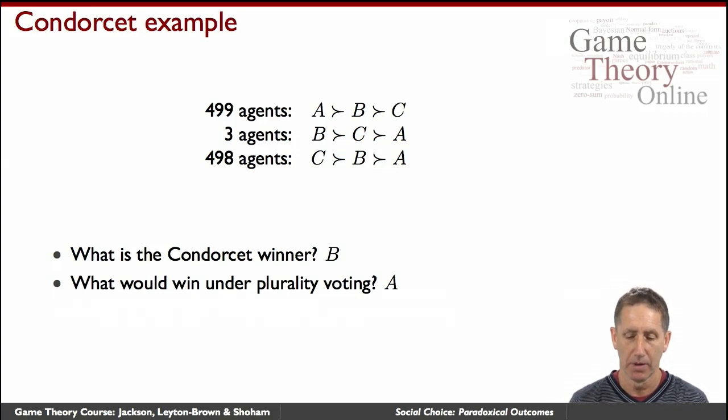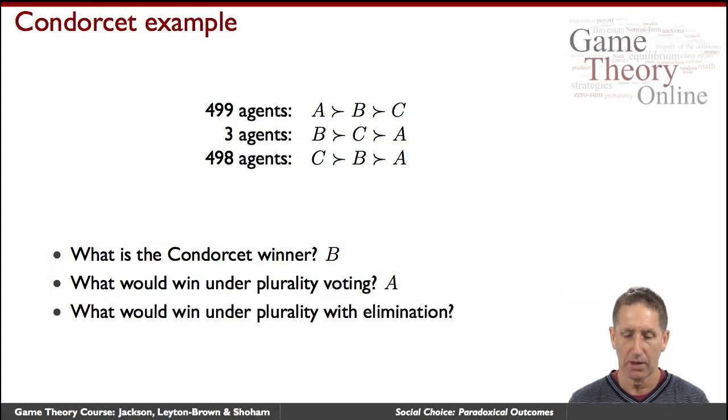What about plurality with elimination? This might take a little more time to think about, so you might want to pause the video here just for a second. Now when you think about it, you see that C would be the winner under plurality with elimination. And why is that?